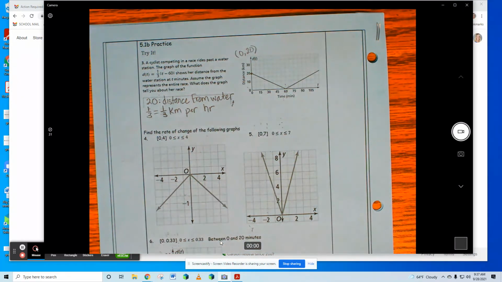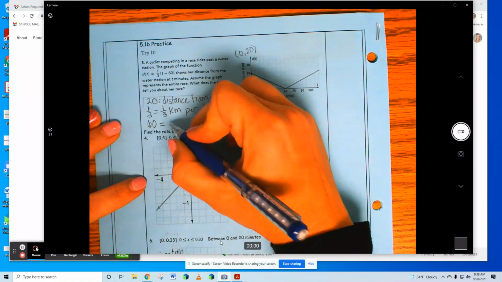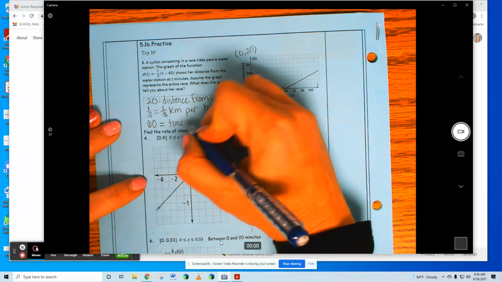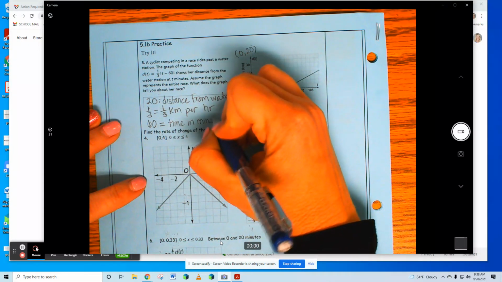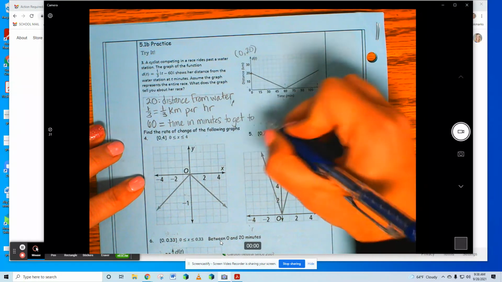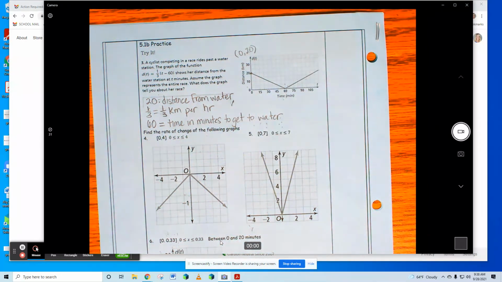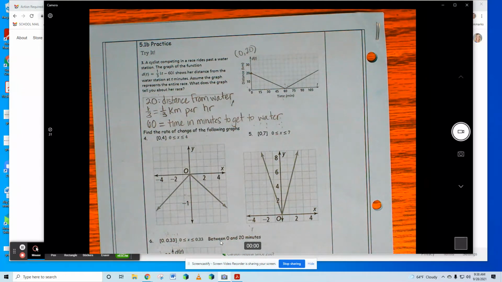That's how fast she rides her bike. And the water station takes her 60 minutes to get to. 60. The time in minutes to get to the water station. So by looking at a graph, I can dissect it and I can tell what each thing means.